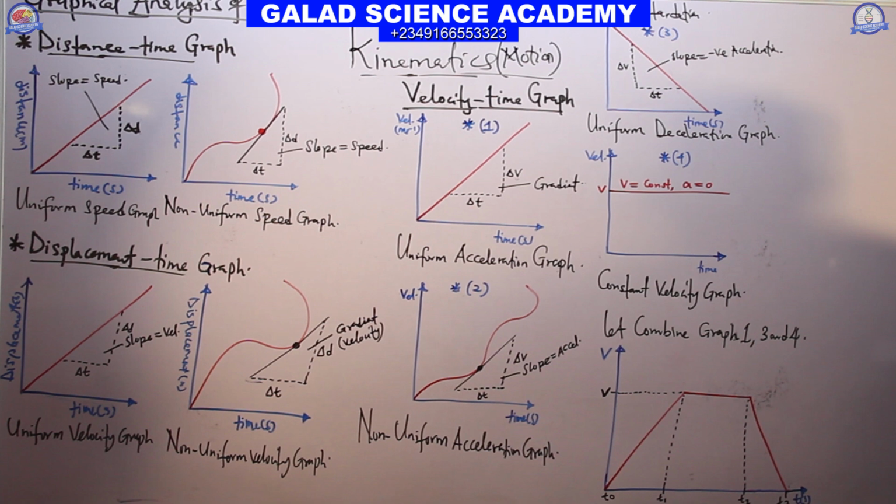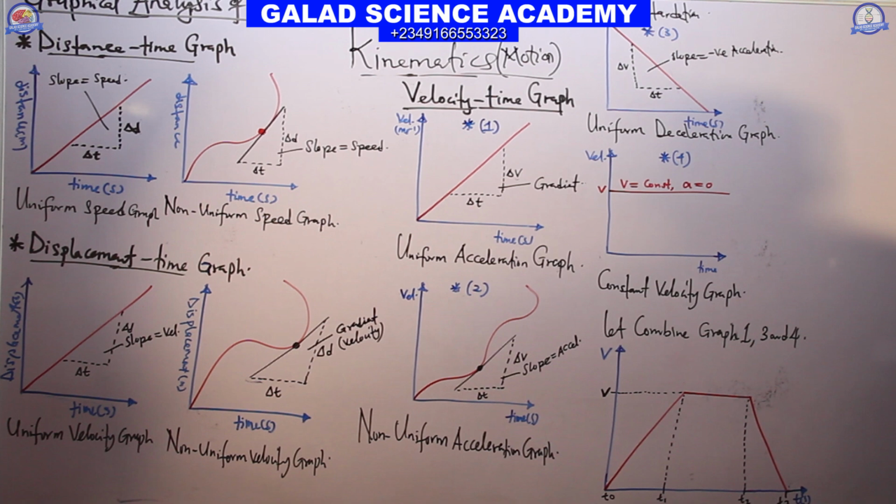The nature of the graph is uniform because it's straight, so it is a uniform deceleration graph, or uniform retardation.